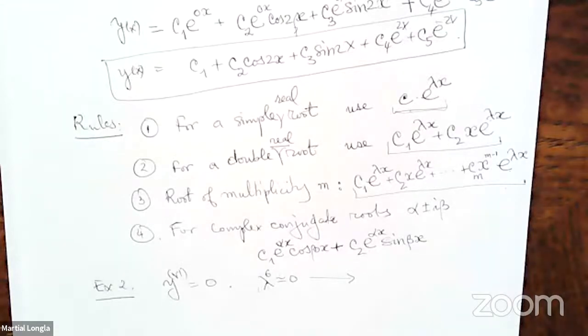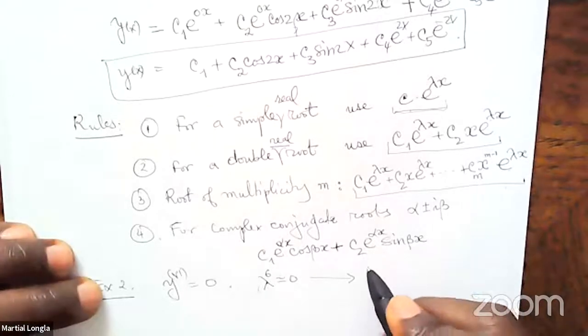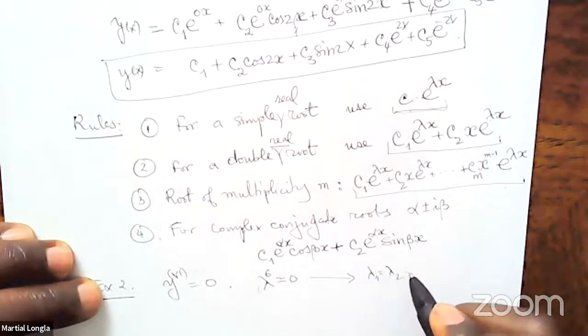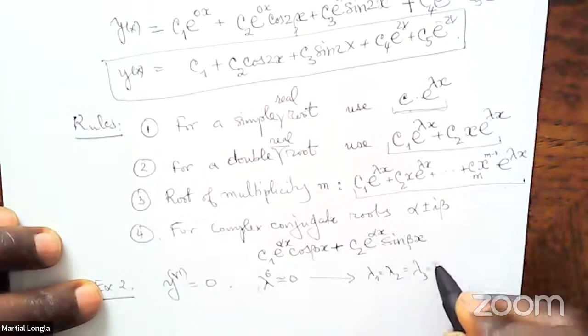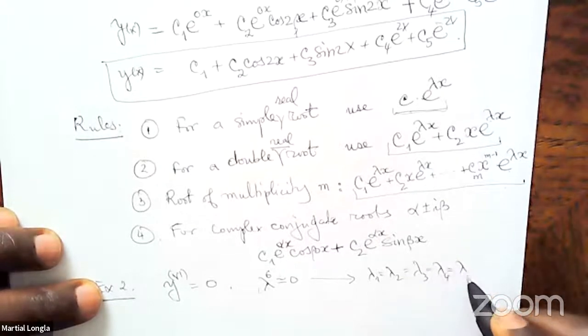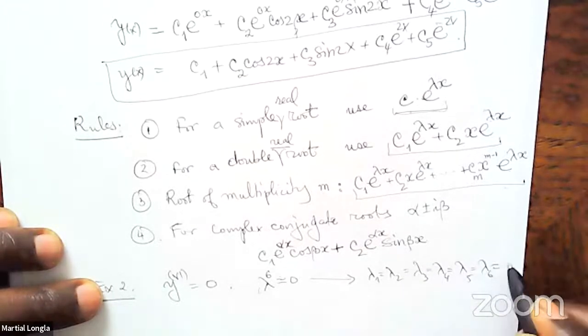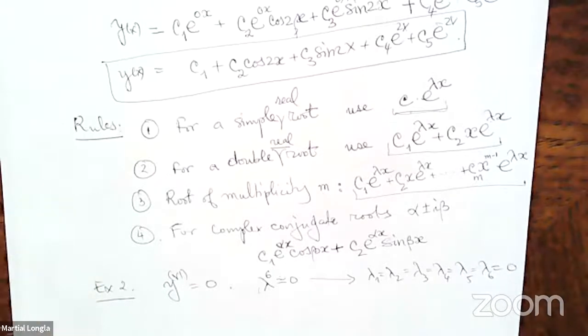They are all zeros. So lambda 1 equals lambda 2 equals lambda 3, lambda 4, lambda 5, lambda 6, and they are all zeros. So 0 is a root of multiplicity 6. That's what it means. So m in this problem is 6.